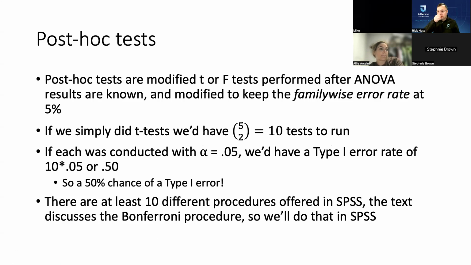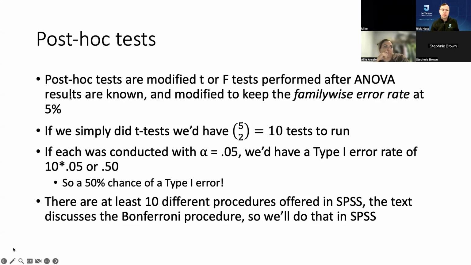As you'll read about in the article for this week, post hoc tests are modified T or F tests. They're performed after you know the results of an ANOVA, and they're modified to keep what we call the family-wise error rate at 5%.